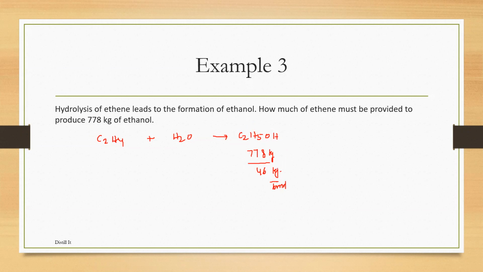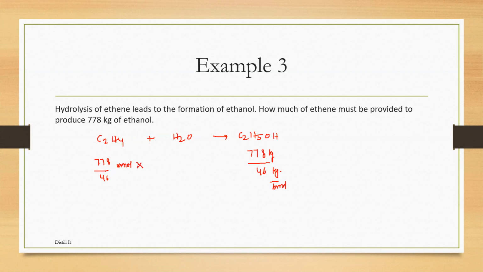So that gives us the moles of ethanol that have reacted. Now from stoichiometry, you can say the same amount of moles have reacted for ethene as well. So we have 778 by 46 kilomole of ethene have reacted to form 778 by 46 kilomoles of ethanol.